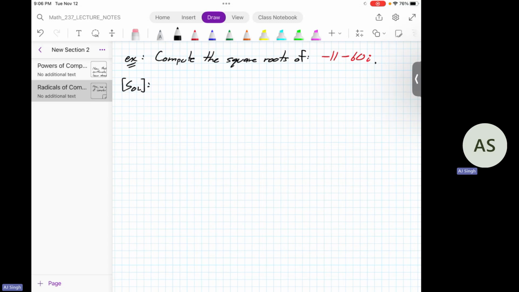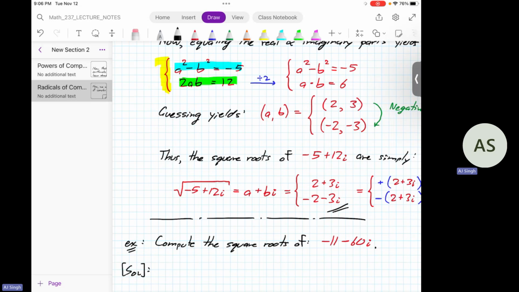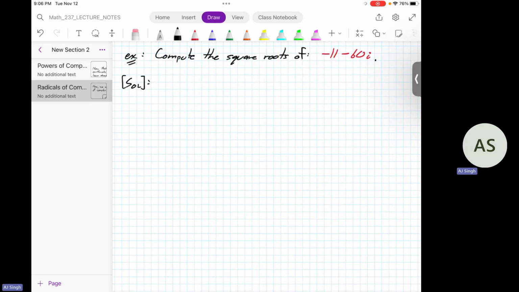So I am going to choose to just memorize this yellow result personally. So here's what I'm going to do. I'm going to say first denote the square root of negative 11 minus 60i as being a plus bi in the end, right?